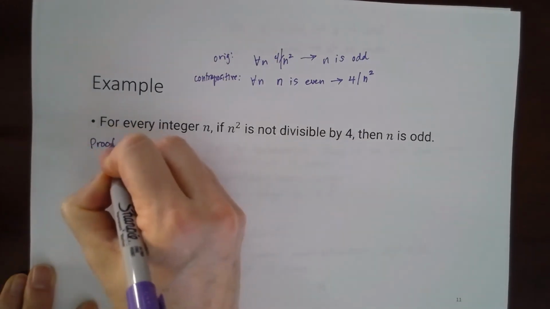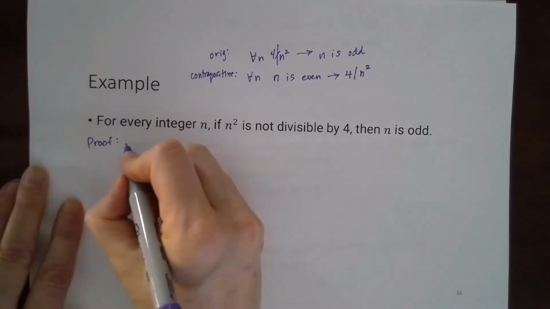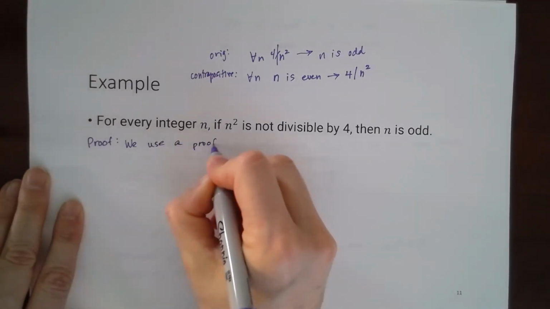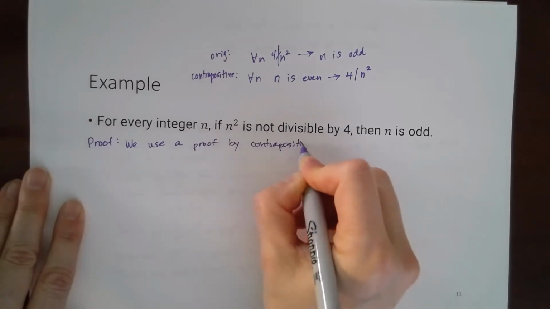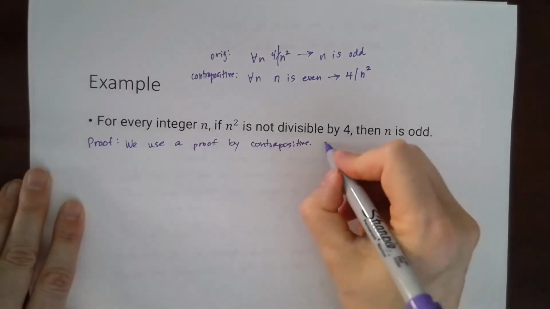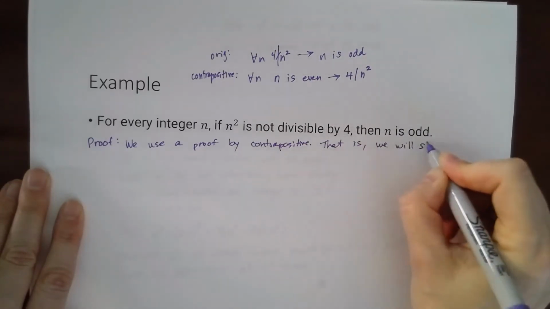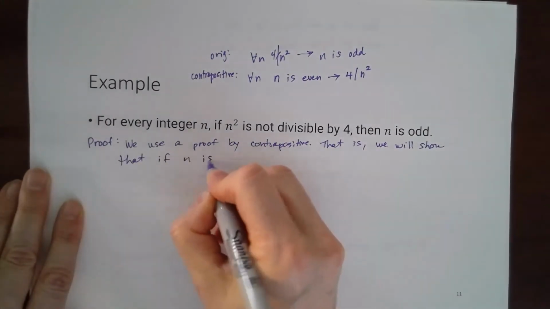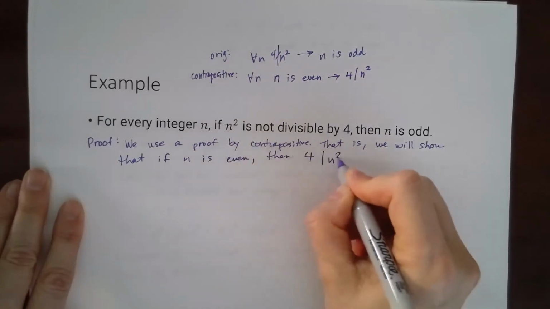So in our proof, we're just going to tell the reader that we're doing a proof by contrapositive and what that means. So we use a proof by contrapositive. And then maybe just explain that. That is, we will show that if n is even, then 4 divides n squared.